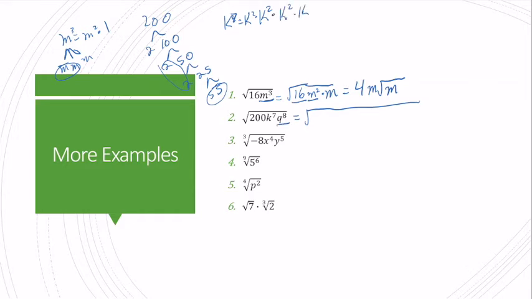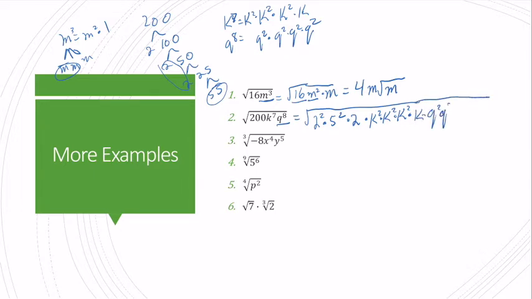Okay, I've got q to the 8th, which is q squared times q squared times q squared times q squared. So I have 2 squared times 5 squared times 2 times k squared times k squared times k squared times k. Again, you don't have to break this apart if you can start to see the pattern. Times q squared times q squared times q squared.